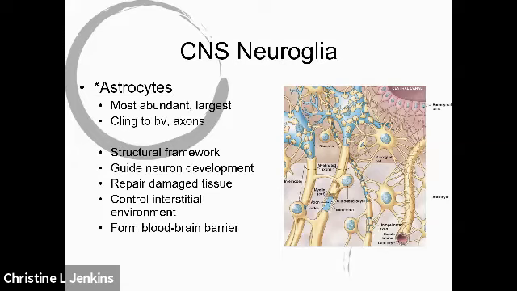The astrocytes can repair some of the blood vessels. The astrocytes can repair some of the other neuroglial cells. And even if the neuron gets damaged, the astrocytes can minimize the damage. So I pointed out those two functions only.